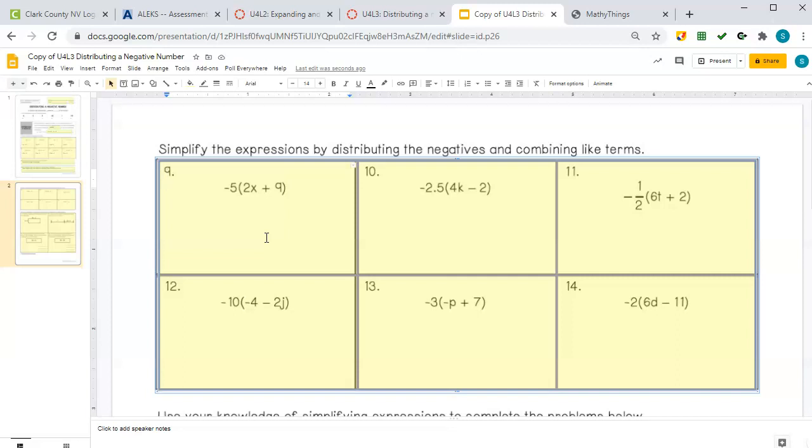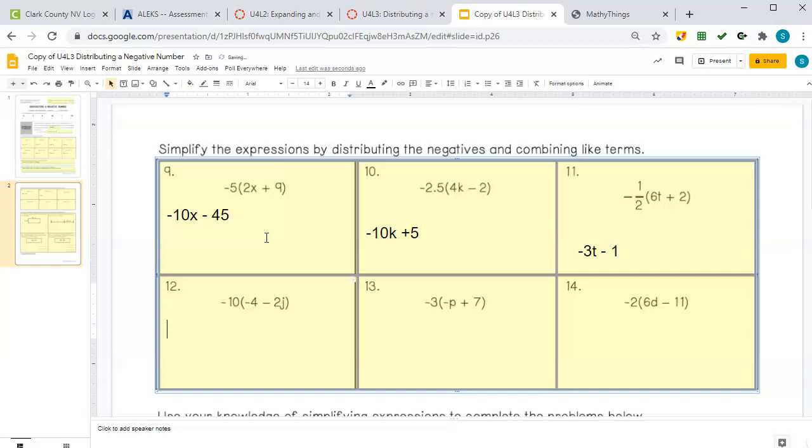Okay, so hopefully you're back and you've already done it, and you've got negative 10x minus 45. In this one, you're going to have negative 10k plus 5. Here we're going to have negative 3t minus 1.